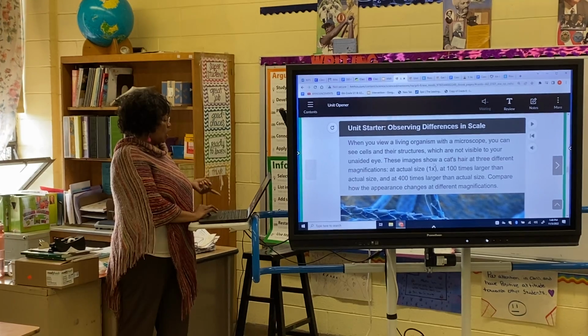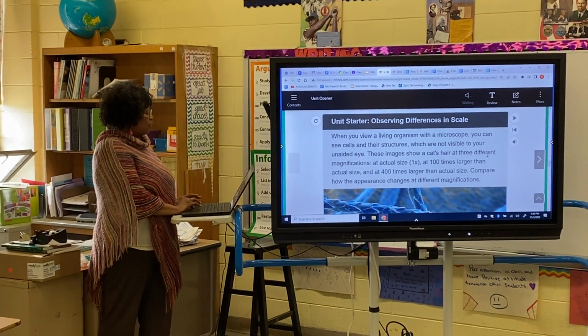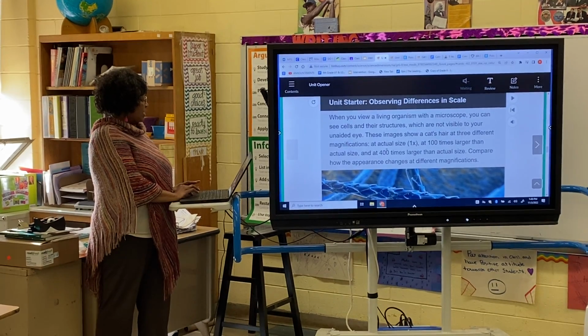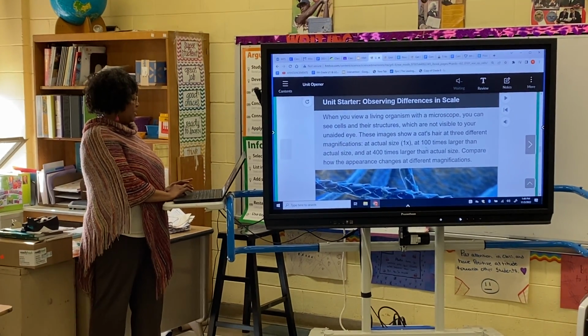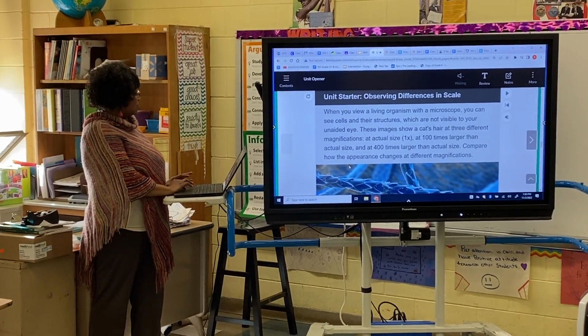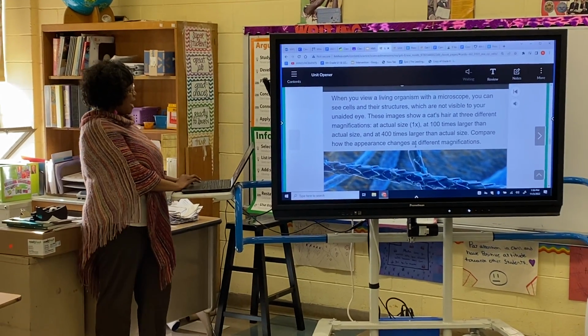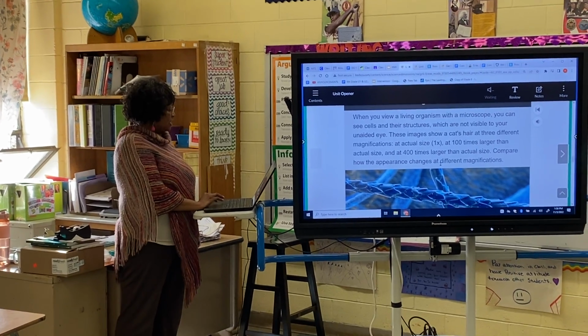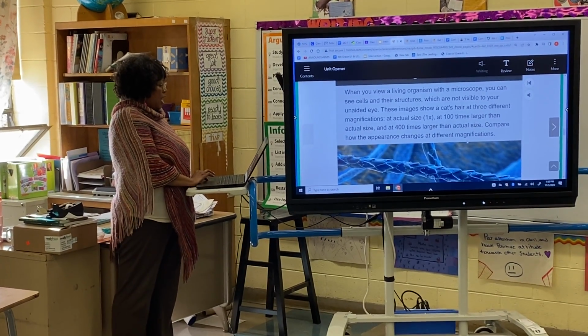These images show a cat's hair at 3 different magnifications: at actual size, 1x, at 100 times larger than actual size, and at 400 times larger than actual size. Compare how the appearance changed at different magnification.